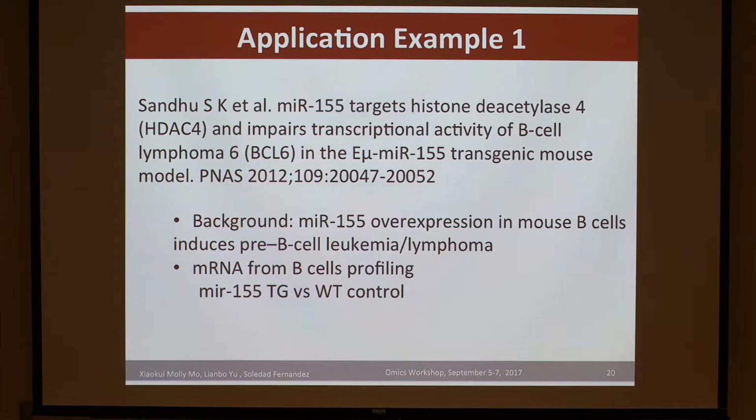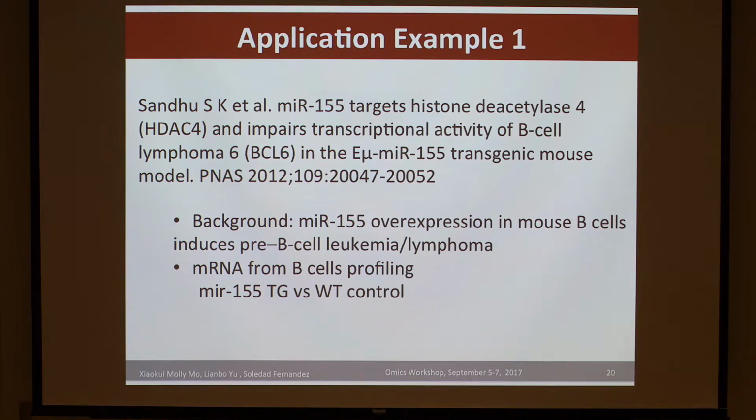And now, after giving that background, I would like to give some examples. This paper showed microRNA 155 affecting B-cell leukemia and lymphoma tumor formation or growth.